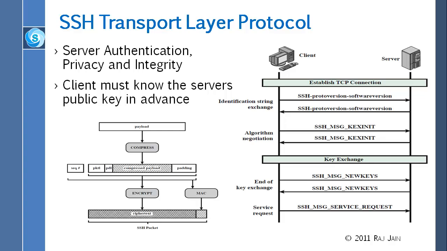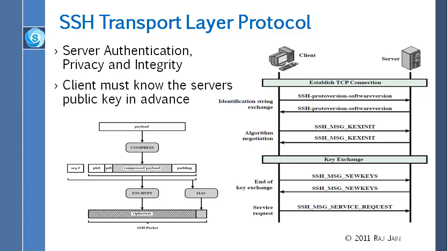Then once you have the keys, you can start the encryption, and the encryption proceeds as follows. You take the payload, compress it. After compression, you add the packet length and the padding length and add the padding, and you add a sequence number.